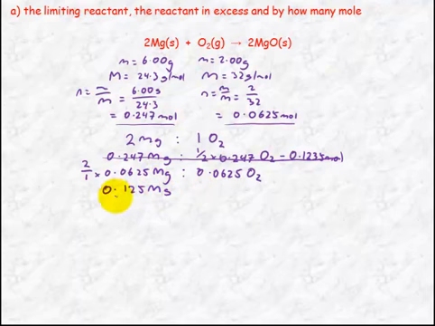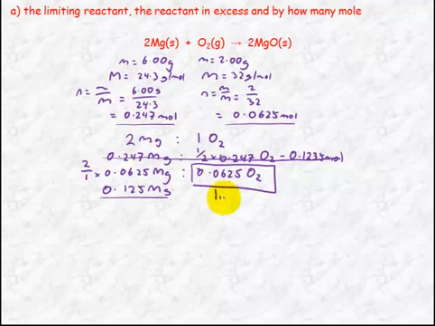Do I have 0.125 magnesium? I look back up. Yes, I do. I've got more than enough. So we can see here that oxygen is the limiting reactant. And that is how many moles of oxygen.